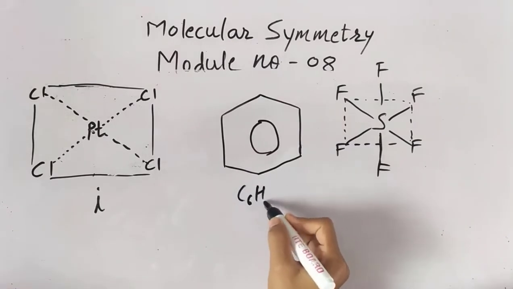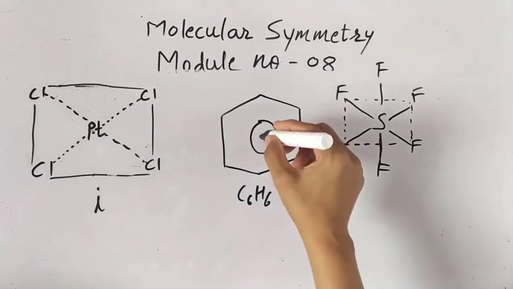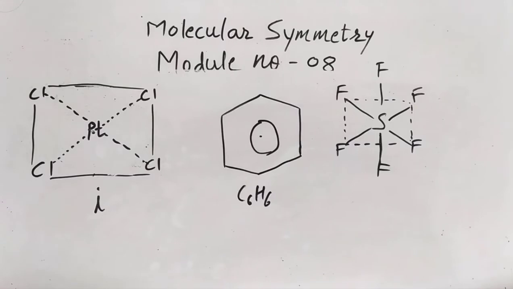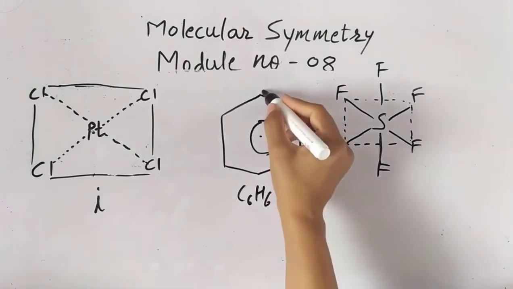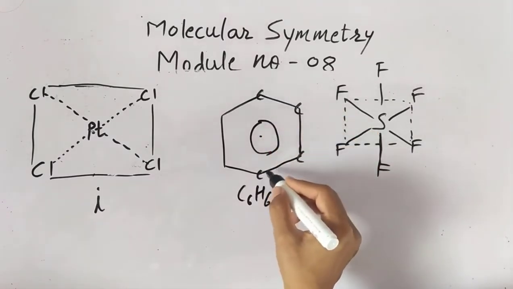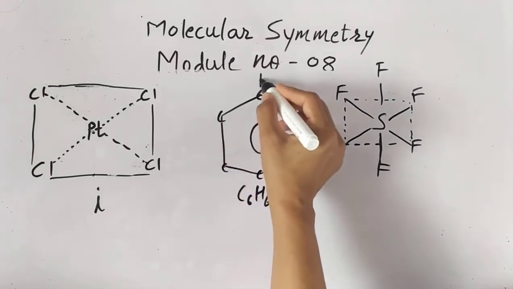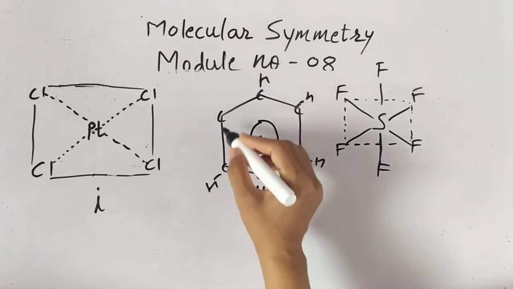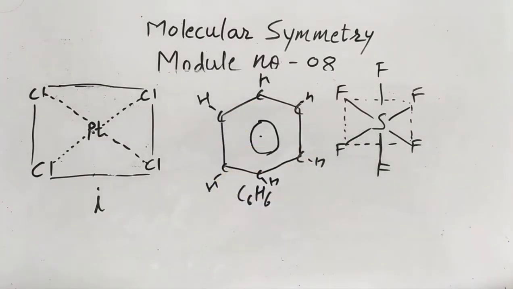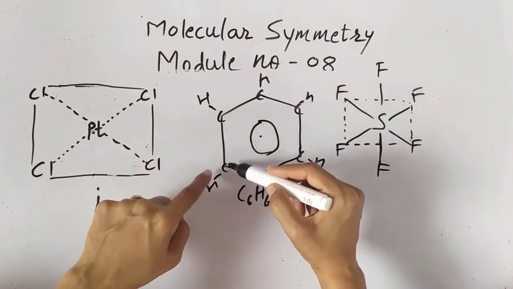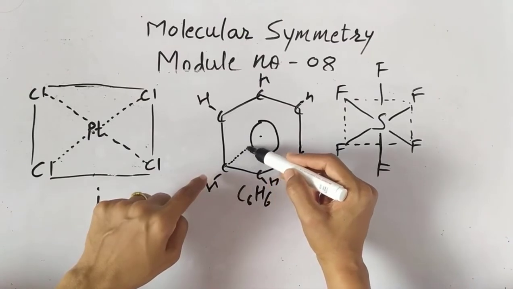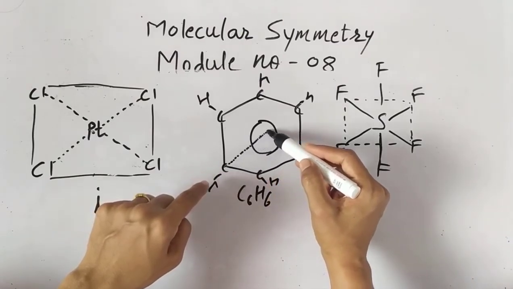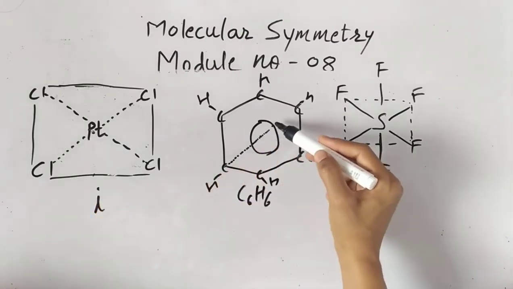Next is benzene. This is the center of gravity for benzene. Everywhere there are carbon and hydrogen atoms. Now predict whether the center of inversion is present in benzene or not. Suppose I am taking this hydrogen atom. I draw a line passing through the center of gravity.